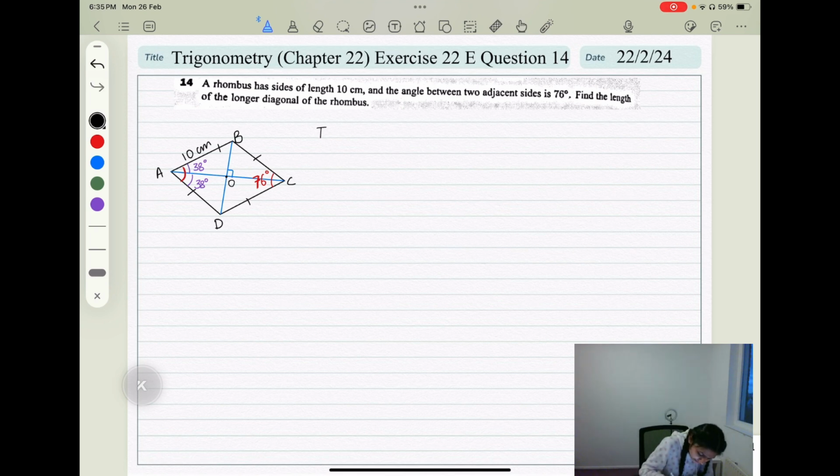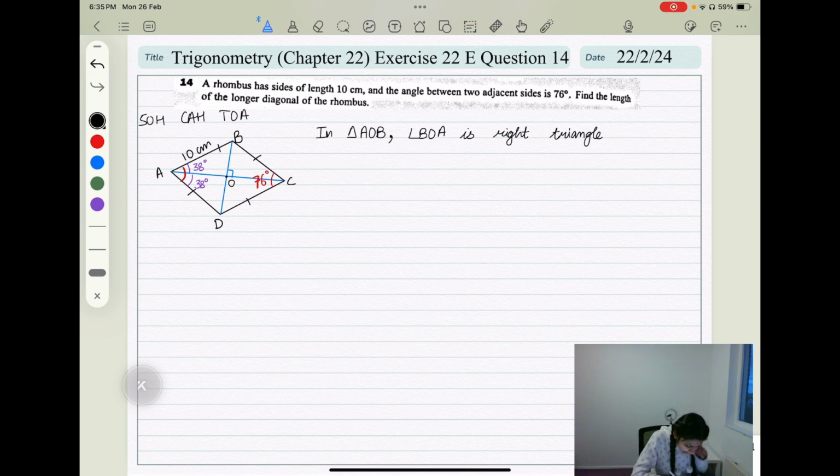In triangle AOB, angle BOA is a right angle. Always say that it's a right angle so that you can use trigonometry after that. Once you say that, always write SOHCAHTOA because it helps you not to mess up in the examination.